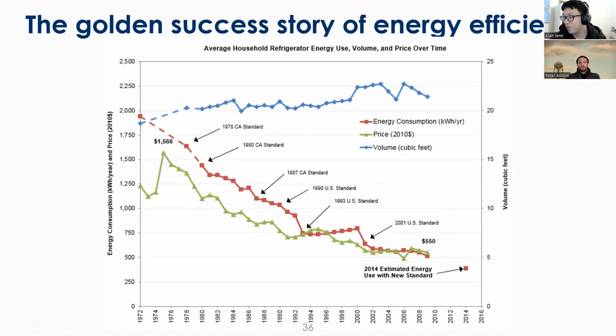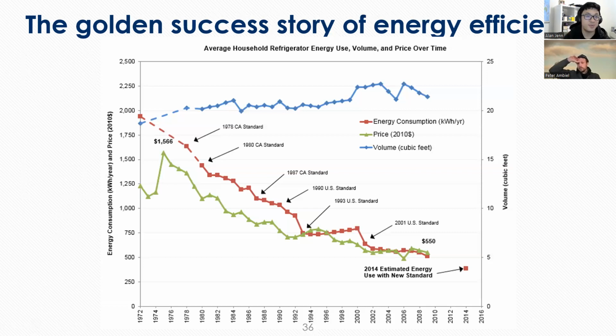This is a very unusual type of trend, right? Usually you're trying to make a trade-off for energy efficiency that typically increases things like the price or decreases some other performance attribute that you might care about.